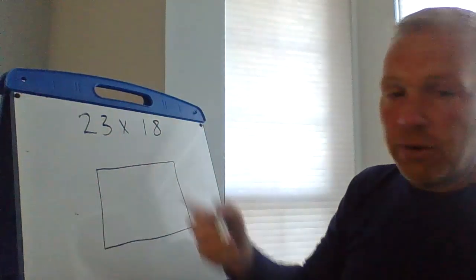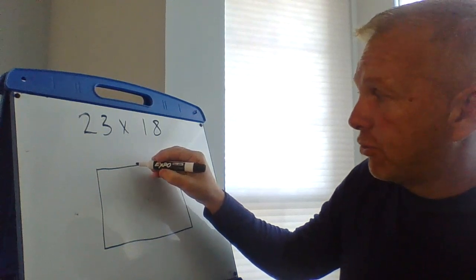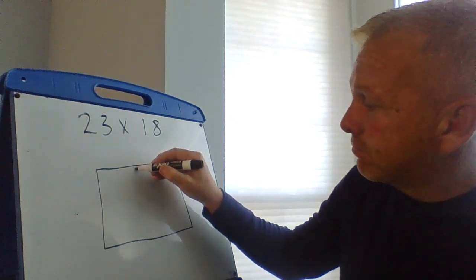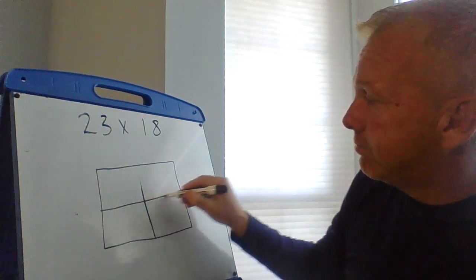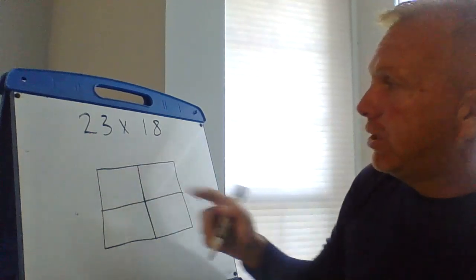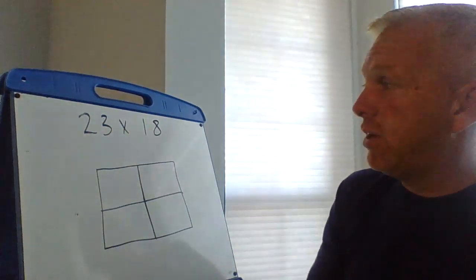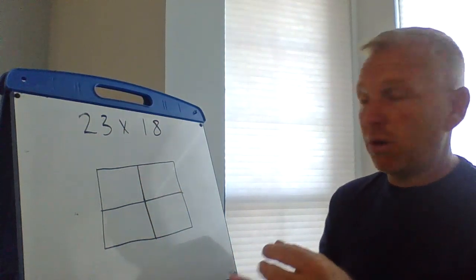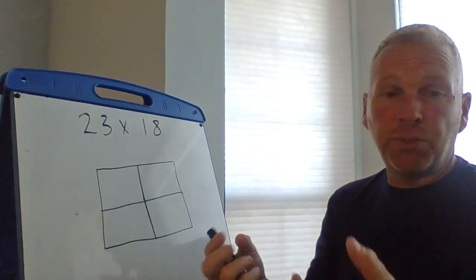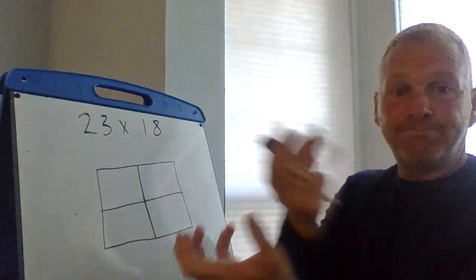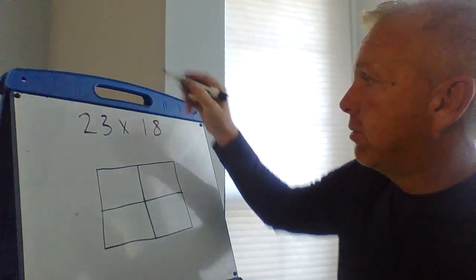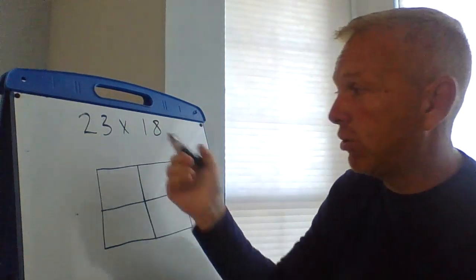All right, so here we go. We're going to draw our area model. Now we're going to split it into 4 boxes. And now we're going to break apart or decompose these numbers. So 23, and it doesn't matter because, with multiplication and addition, we can put whatever number we want on top or on the side.